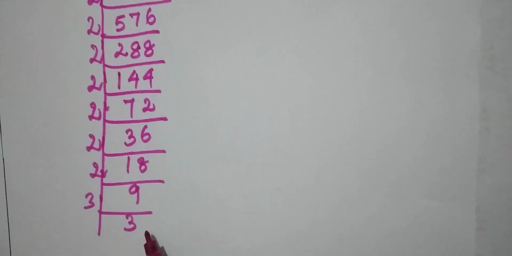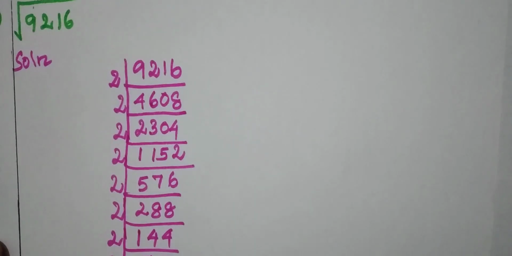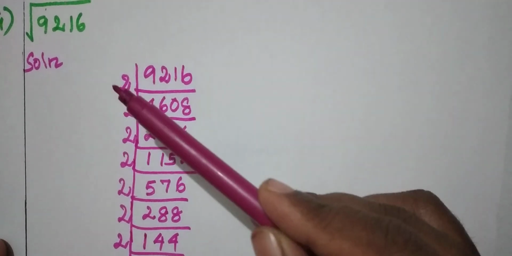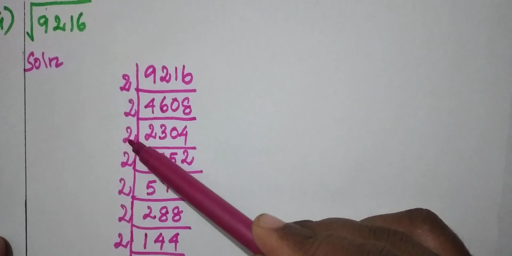We have reached the prime number, so we can stop it here itself. Let us count how many times 2s are there. 1 2 3 4 5 6 7 8 9 10. 10 times of 2 and 2 times of 3.